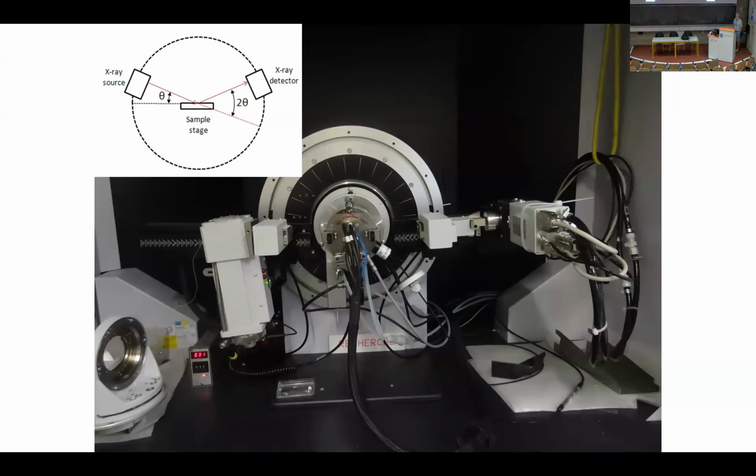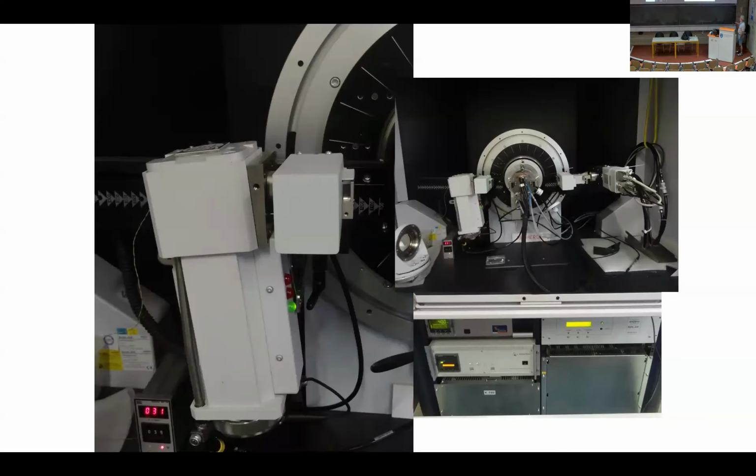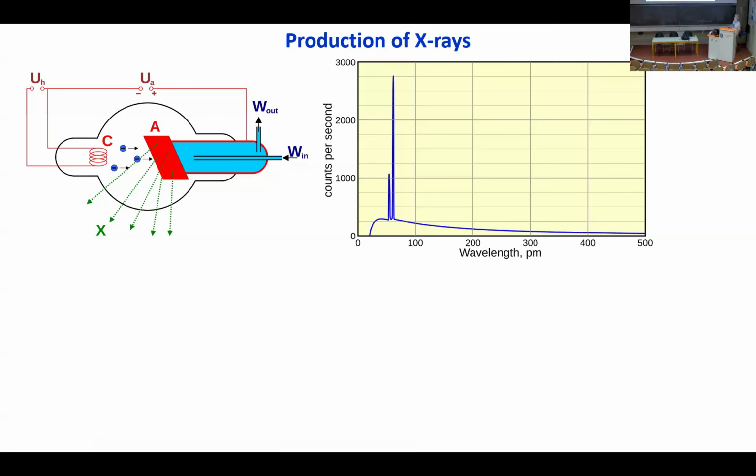I'll get back to that. From the tube, you have the high voltage generator, which is useful to generate these waves, and I will just show you how this is working, and then everything else is below that.